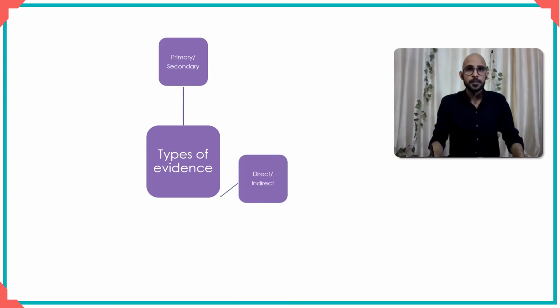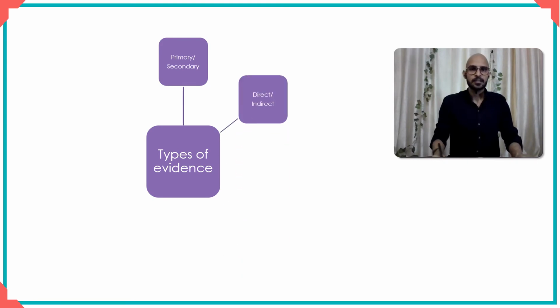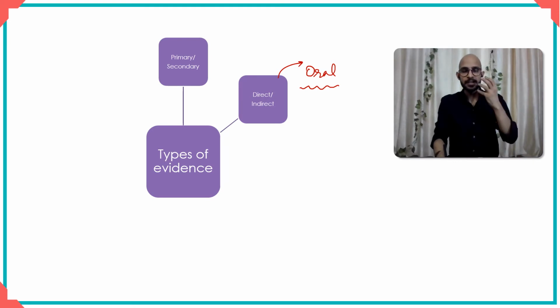Moving ahead, we have direct and indirect. You see, direct and indirect can be used in a couple of ways, but you can think of it like this for the time being, that direct and indirect are types of oral evidence, okay? So let us say somebody has seen something and he is a direct witness of it.